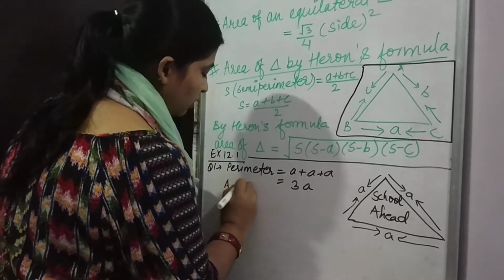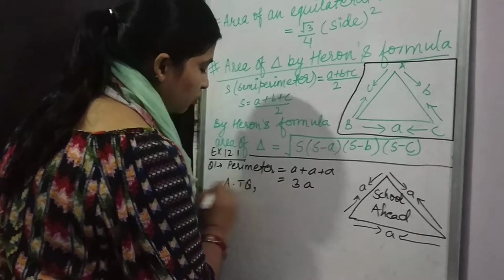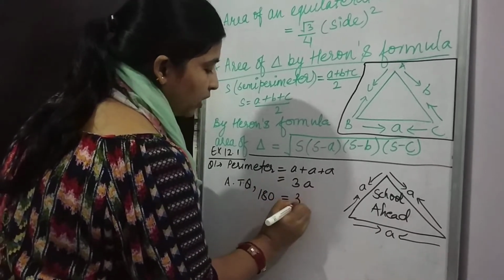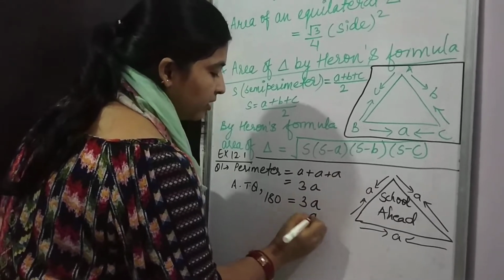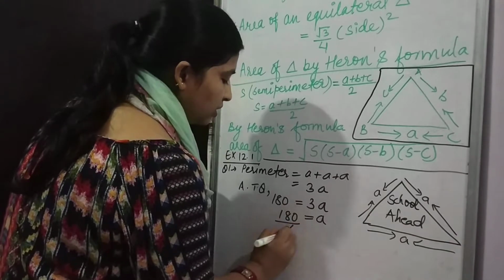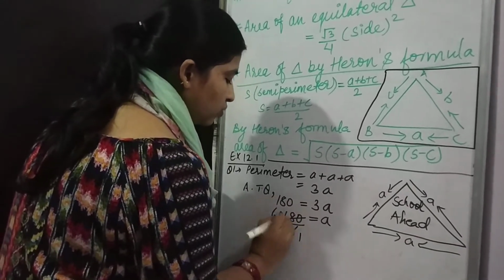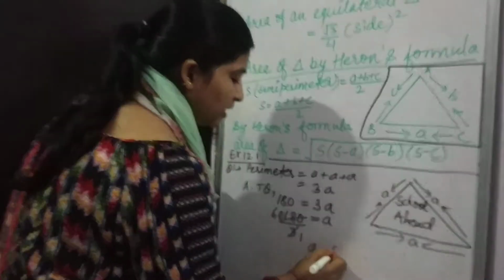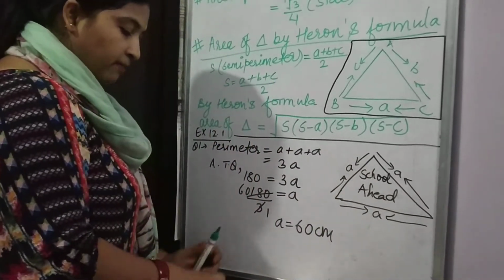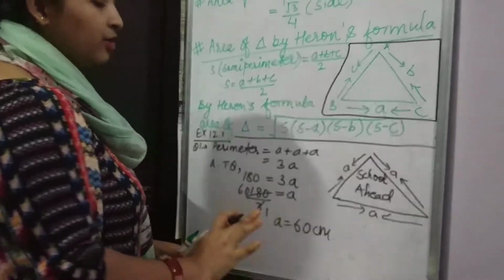According to the question, the perimeter is 180. So 180 equals 3a, and from here a is 180 upon 3, that is 60 centimeter. Now I have to find the area by Heron's formula.